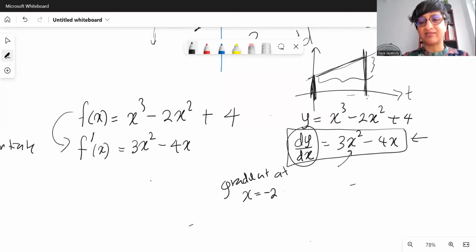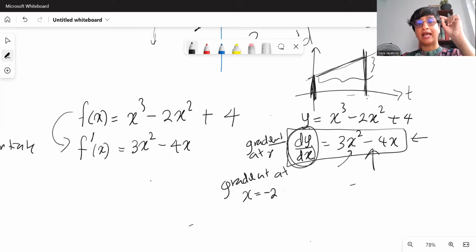The derivative gives you the gradient at a point. So you substitute x equals minus 2 in this, and you get the gradient of the function at minus 2.